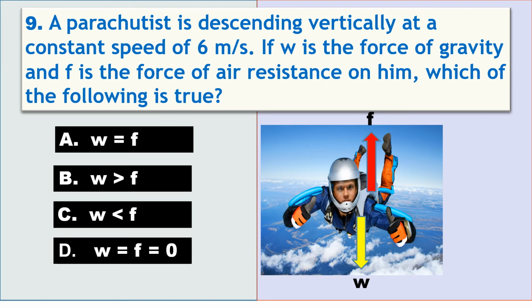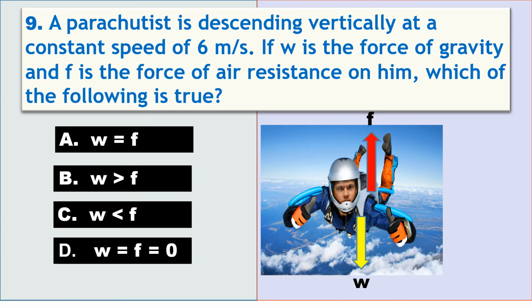In skydiving, the term terminal velocity is the velocity that is acquired by the diver whenever the force of air resistance is balanced by the force of gravity. In other words, if F is equal to W, then the diver must be in a state of what we call constant speed or a terminal velocity.